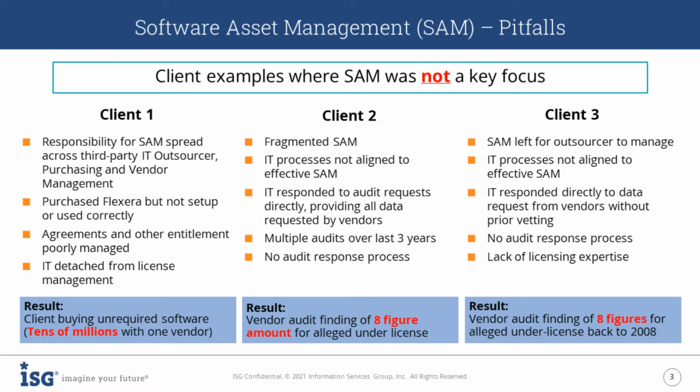In some cases, they leveraged software asset management tools, Flexera or others, but it wasn't set up properly or used correctly, and IT responded to requests directly, providing significantly more data than what was actually required to support the audit request. As you can see, in all 3 scenarios, tens of millions ended up being the result of the audit finding for each one of these.